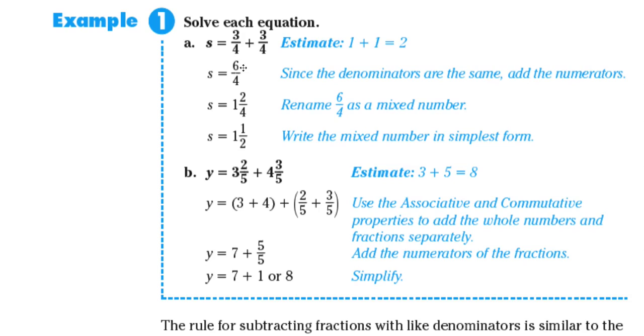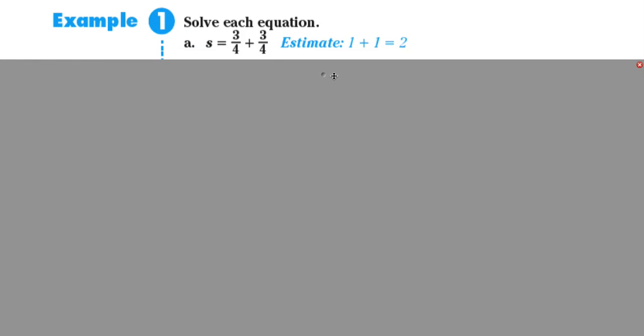You have 3/4 plus 3/4. Going back to estimate, 3/4 rounds to 1, and simply add 1 plus 1, you end up with 2. Let's put up the shade so there'll be a little suspense for this one. So the estimate is 2.